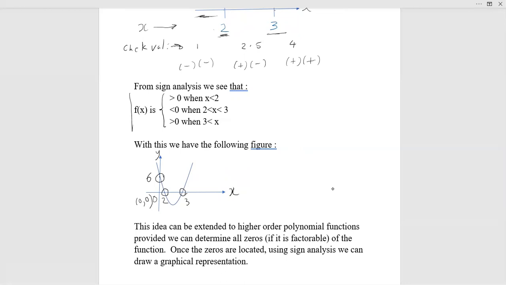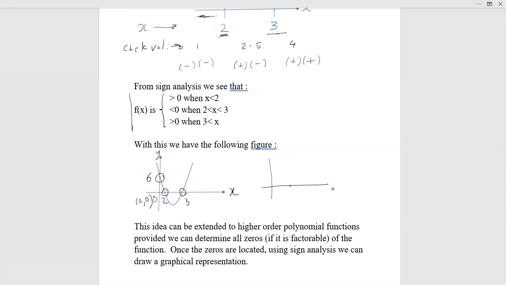Now, you see, I did the parabola with this sign analysis result and using zeros, which we learned so far in this lesson. I ask you to assume we don't know if this quadratic function is a parabola. This graph, we don't know it is a parabola.